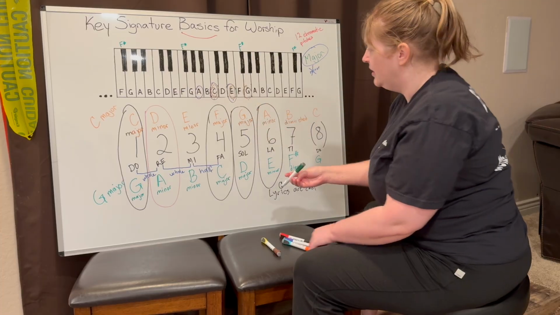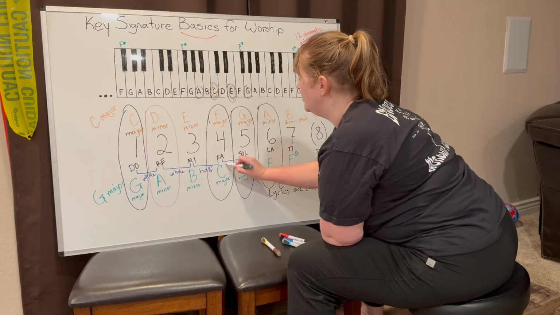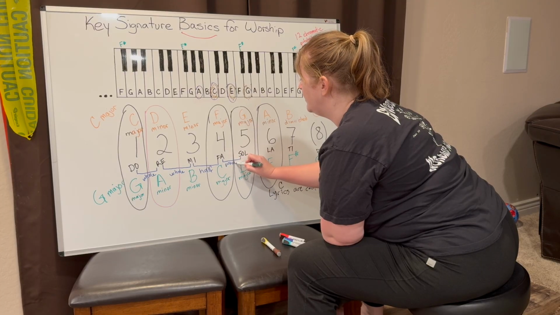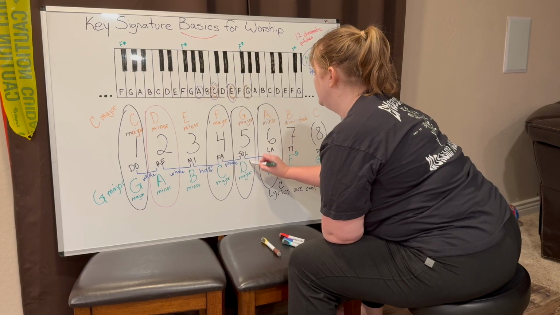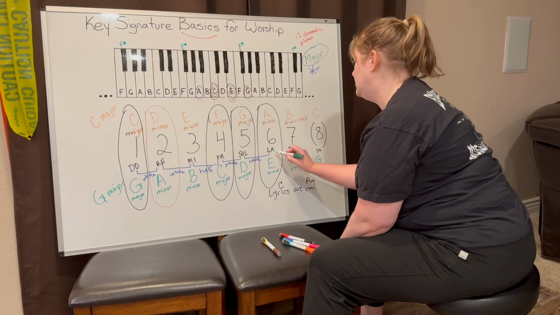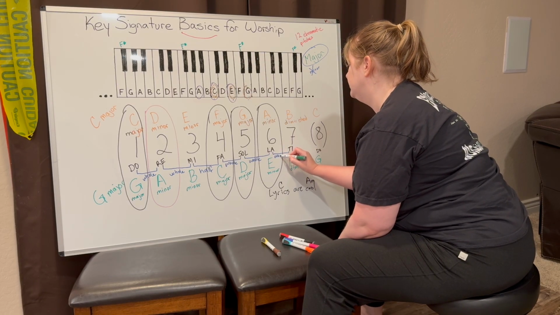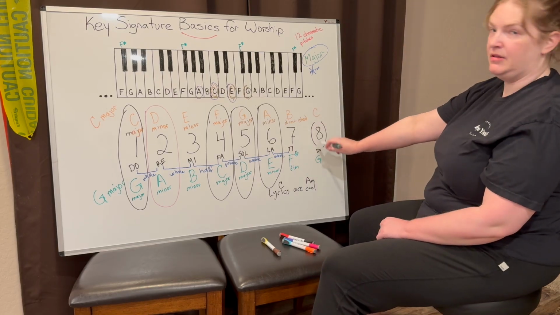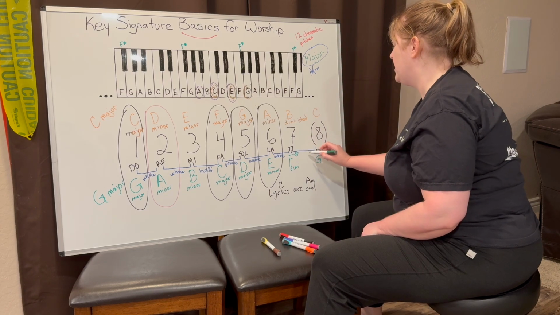Yeah? So then, following this, fa to sol is a whole step. Sol to la, whole step. La to ti, whole step. And then from ti back to do, if we're still going up, is a half step.